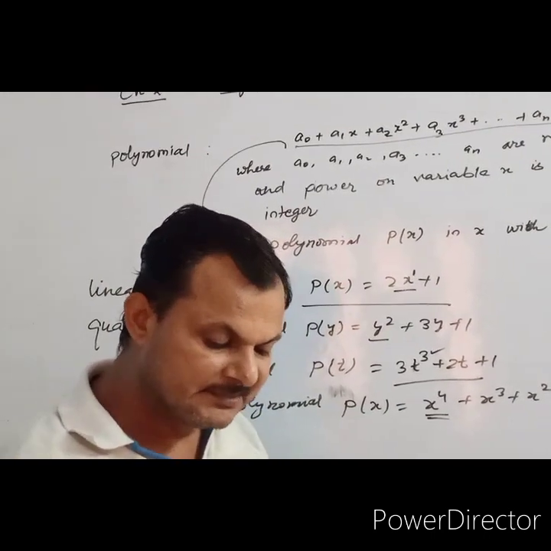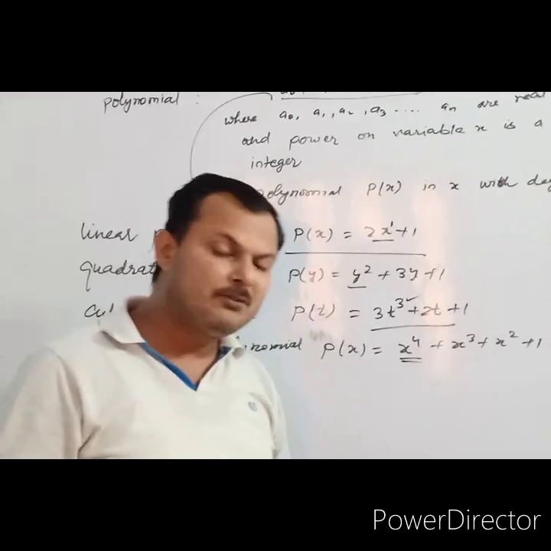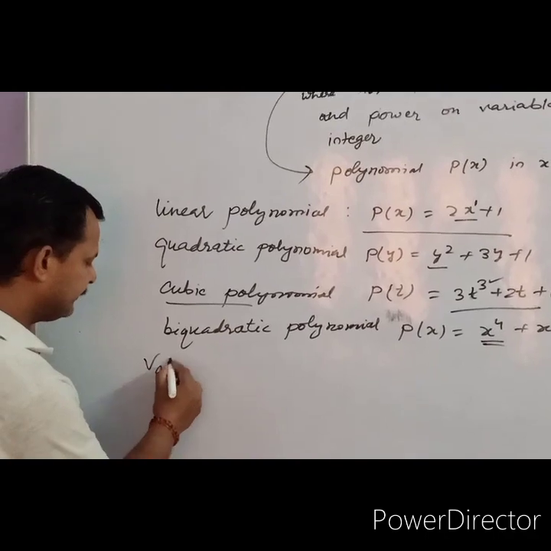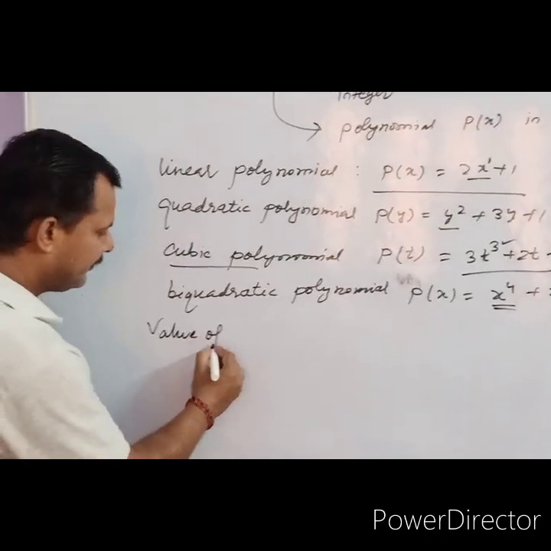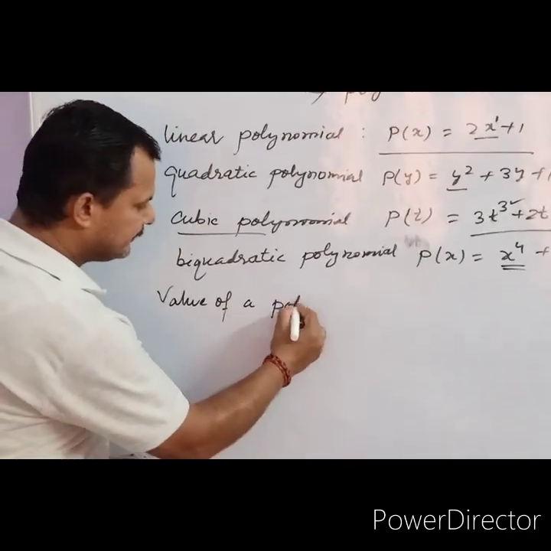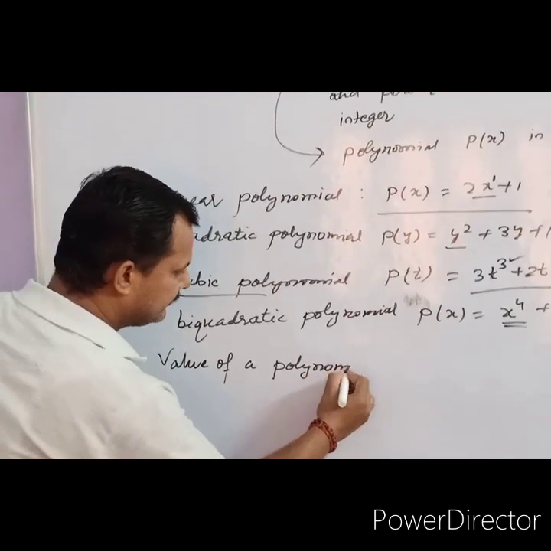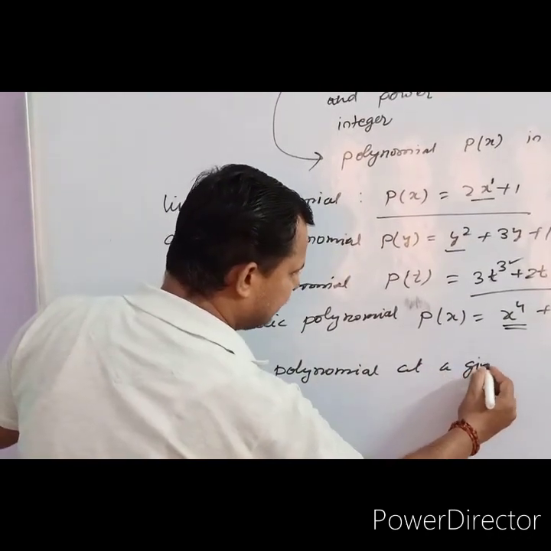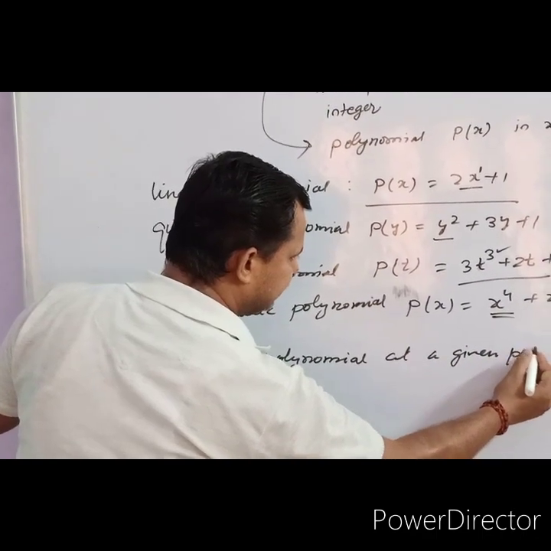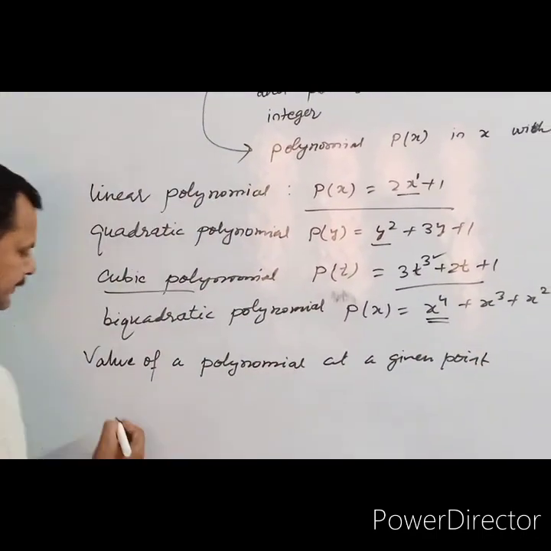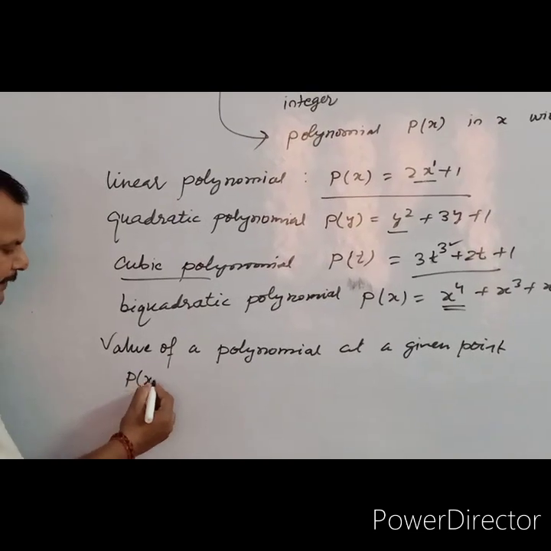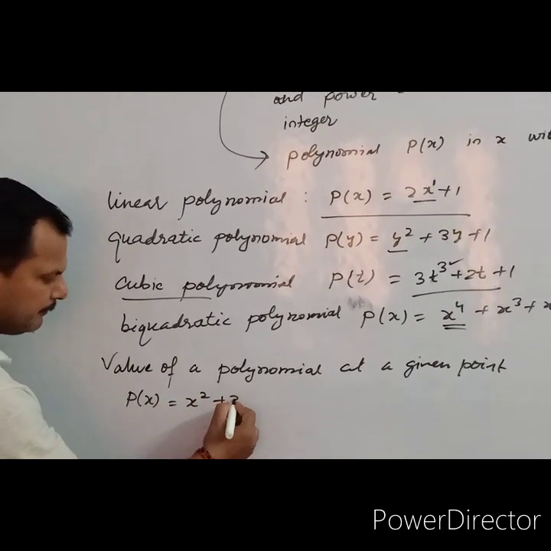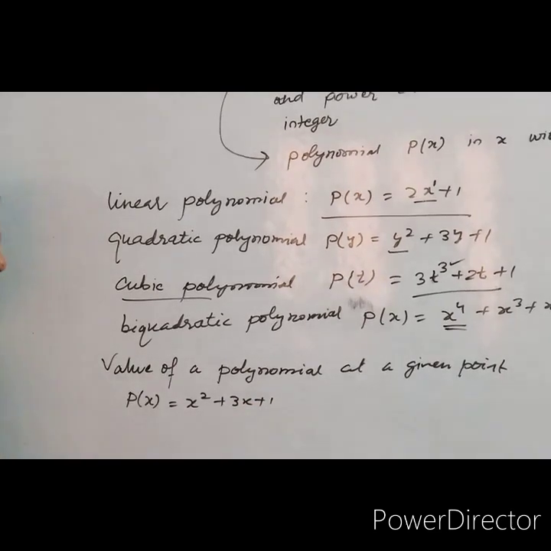Now we have to know the value of a polynomial at a given point. Suppose p(x) is a polynomial, the expression is x square plus 3x plus 1.